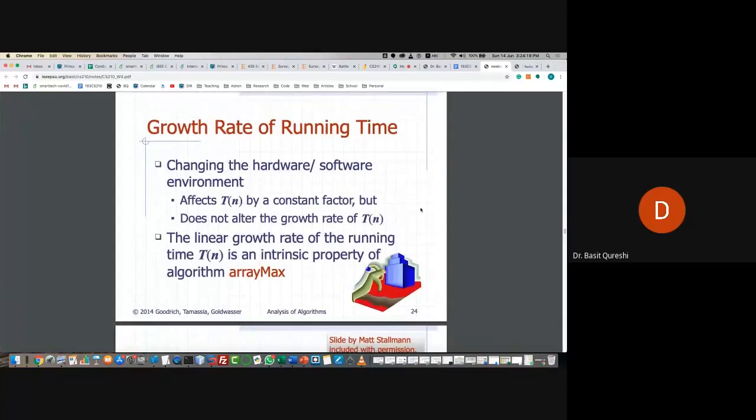Now remember one thing, I've said this before, I'm going to say it again. Experimental evaluation is not always perfect. There are many different parameters. For example, if you're doing experimental evaluation on two different computers, we have to be sure that the hardware is exactly the same.